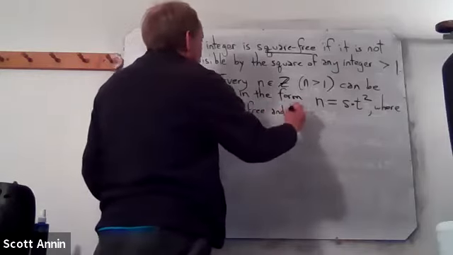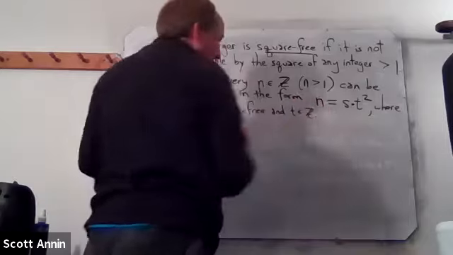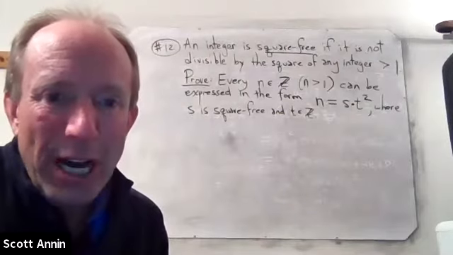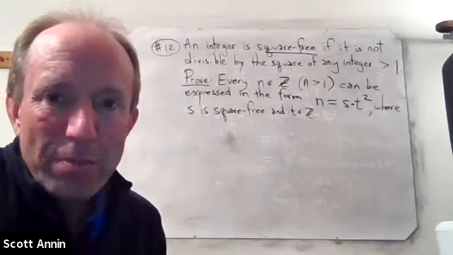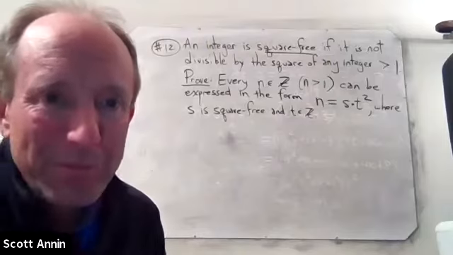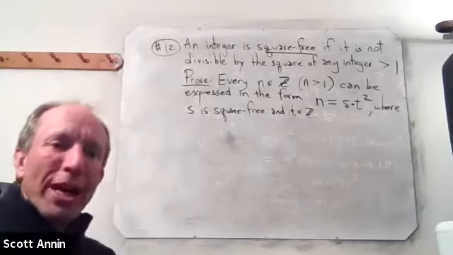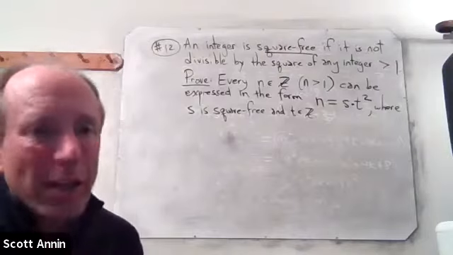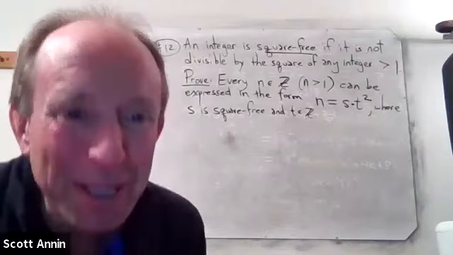And of course, t is an integer. Okay, so this one took a little bit more time to write it down. So let me just take a breath here and let people kind of soak this one up. So this is a little theoretical problem.